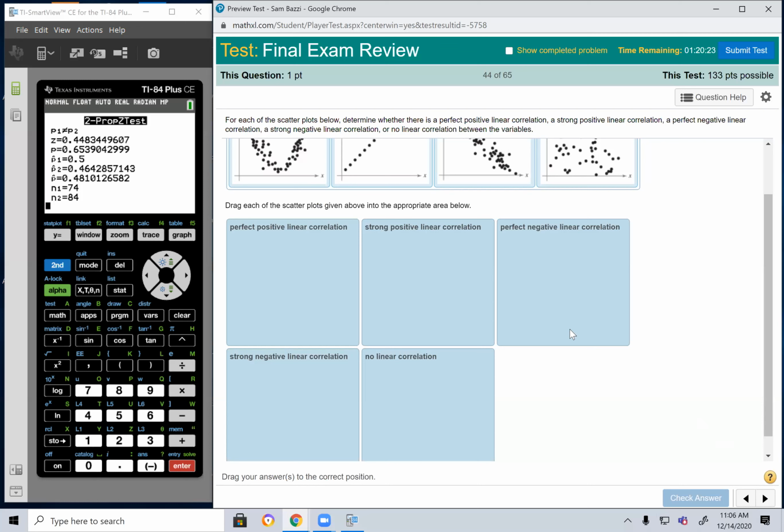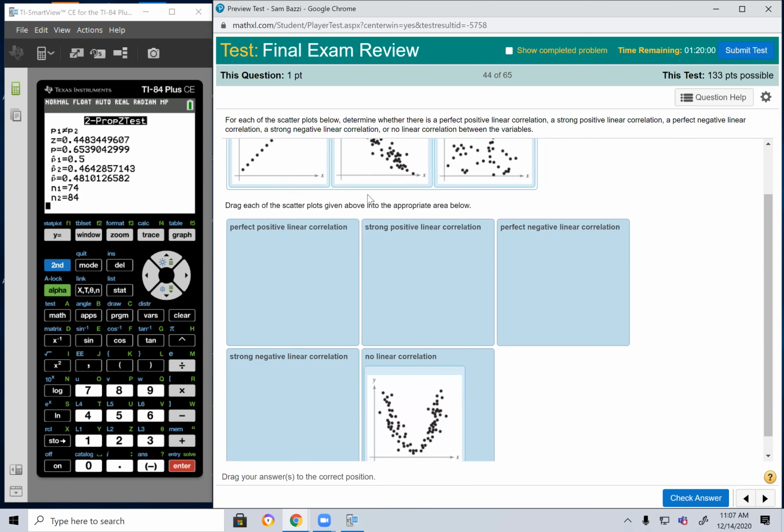For each of the scatter plots below, determine whether there is a perfect positive linear correlation, a strong positive, a perfect negative, a strong negative correlation, or no linear correlation. Okay, here guys, this one, no linear. It's actually a parabola, so it's not linear at all. Okay. This one is perfect. As you can see, you can fit a line.